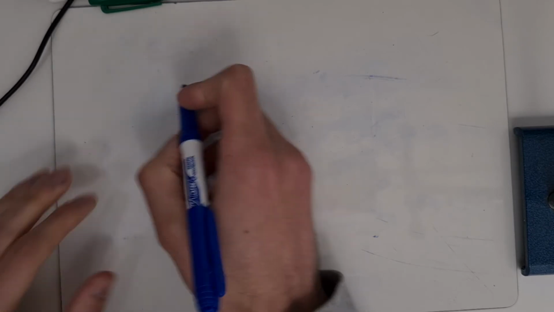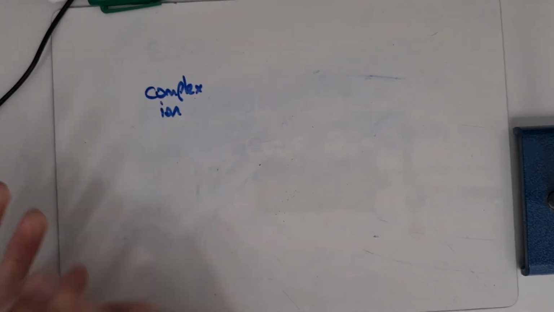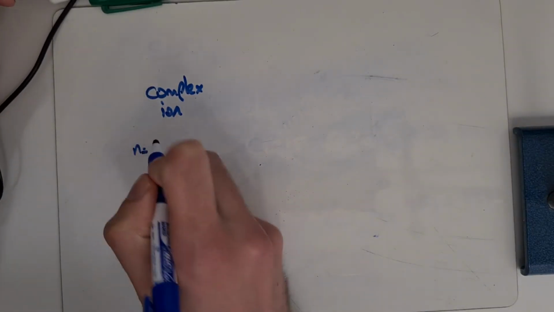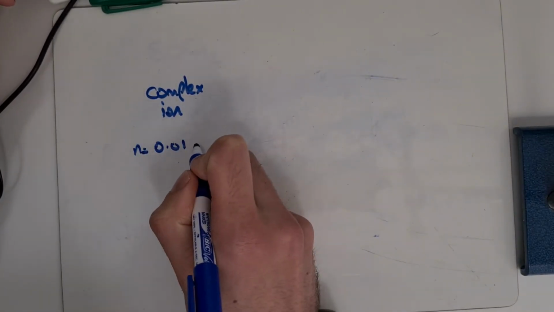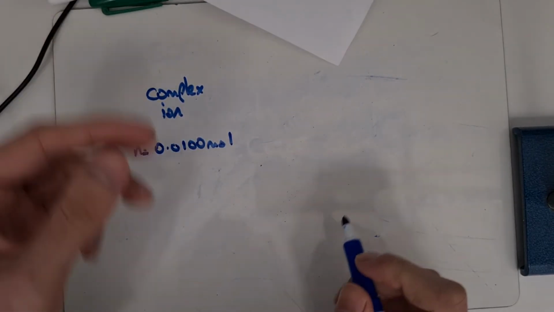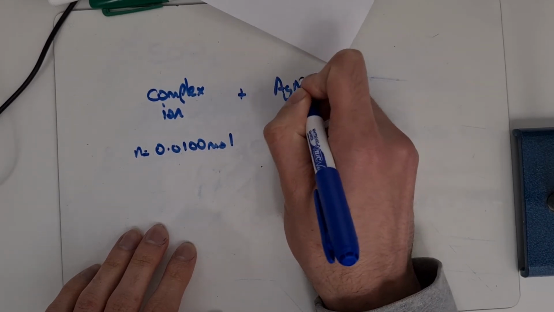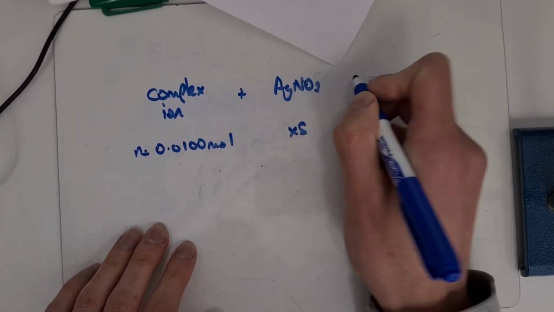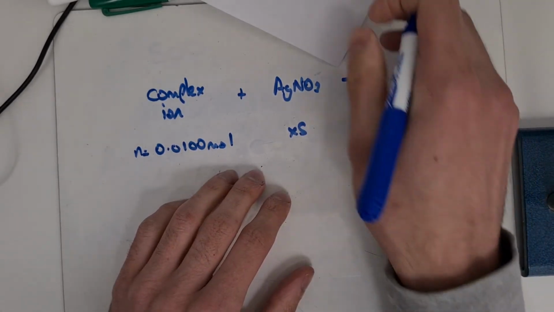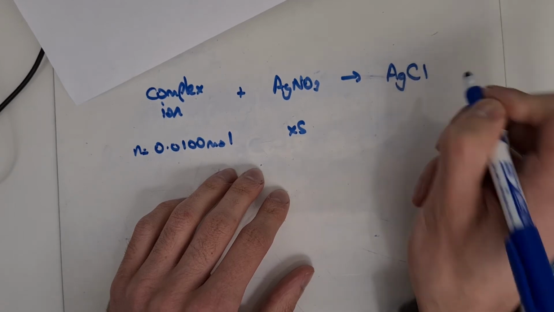So we've got our complex ion, which is either A, B, C or D, and we've got 0.01 mole of it, plus silver nitrate, which is in excess, and that's going to form our precipitate, which will be silver chloride.